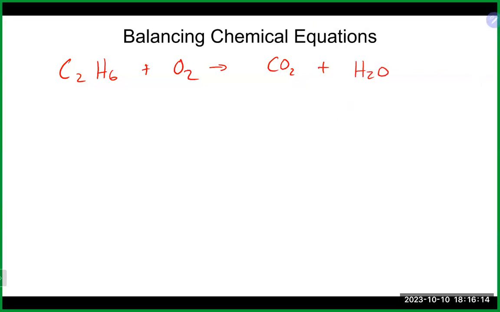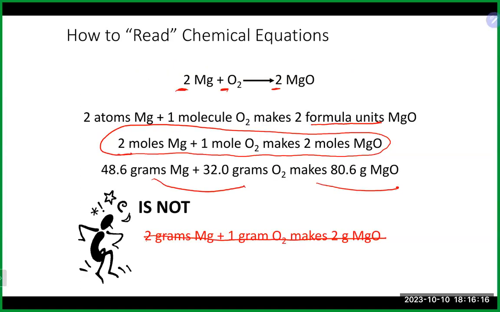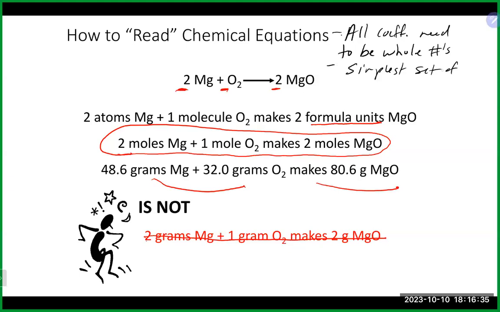And when you're all done balancing the equation, there's basically two things you have to make sure of. All the coefficients need to be whole numbers, and they also need to be the simplest set of whole numbers. What I mean by that is if you balance an equation like this, 2A plus 4B goes to 6C, we'll just say that this is balanced.